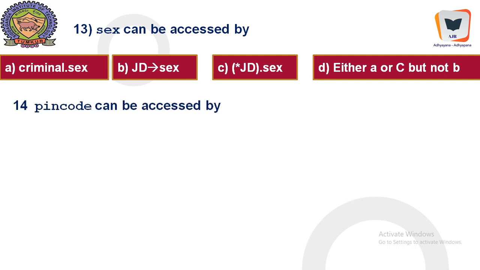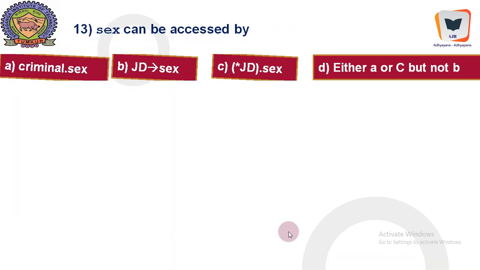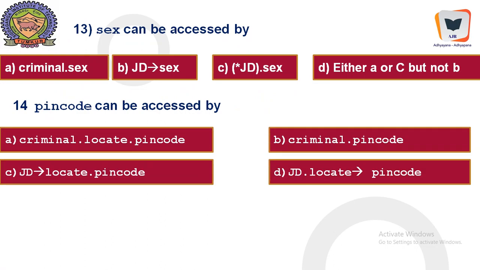Pin code can be addressed by, and pin code is here. We will go back again. Pin code is here. It is a member in this structure which is inside this particular structure, and we need to address it by, let us say, criminal. Okay, it is something like criminal dot locate dot pin code. But to address, we need 2 dots, of course.